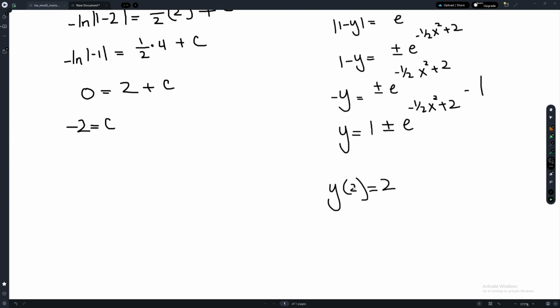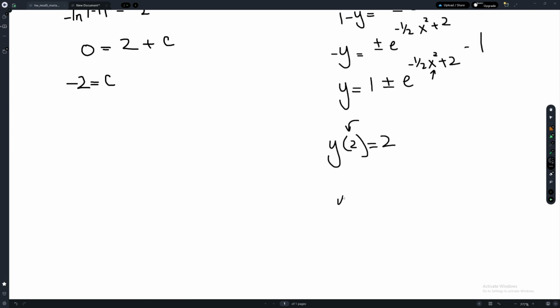And so if we sub this x into our x here, what we're supposed to get is a positive number. I'll have you guys confirm this. Watch this. So if we do e to the negative 1 over 2 times 2 squared plus 2.